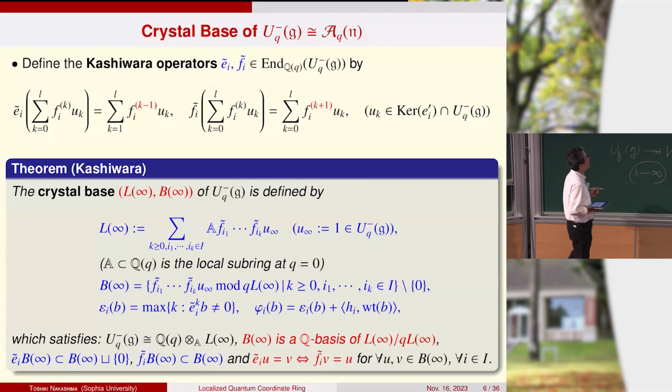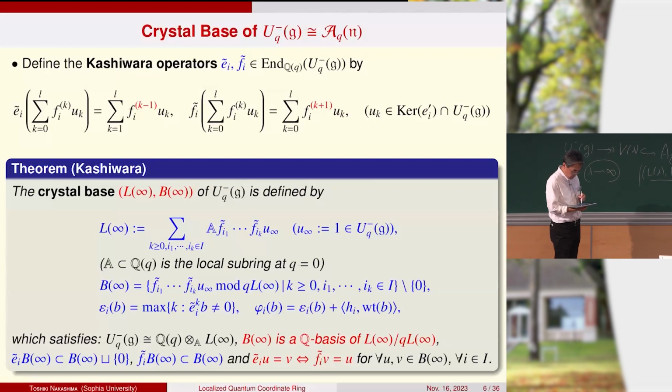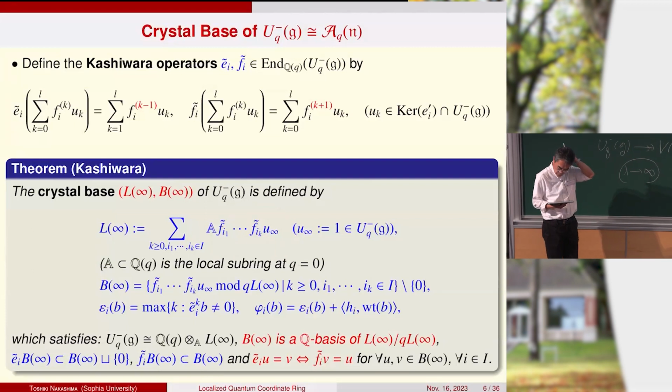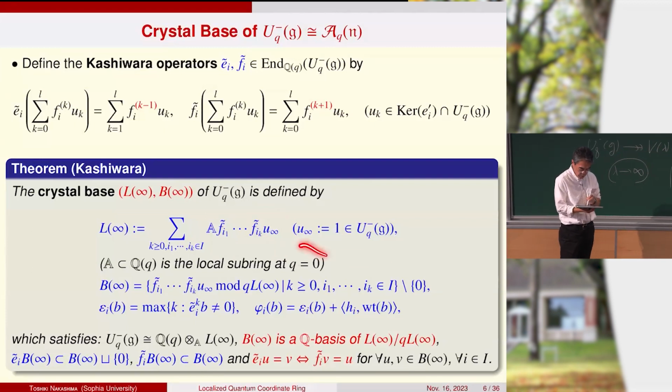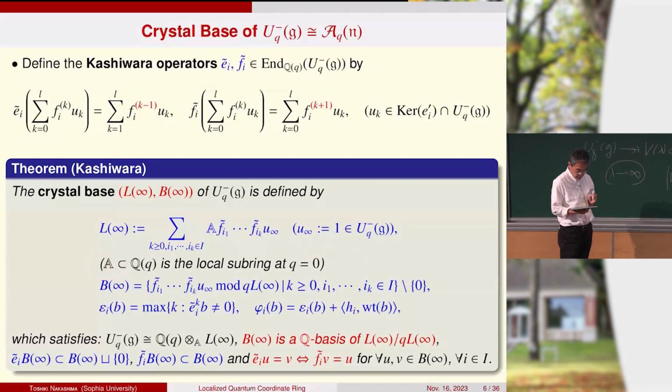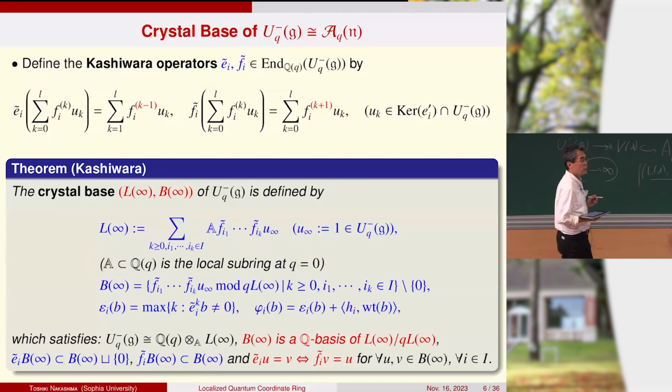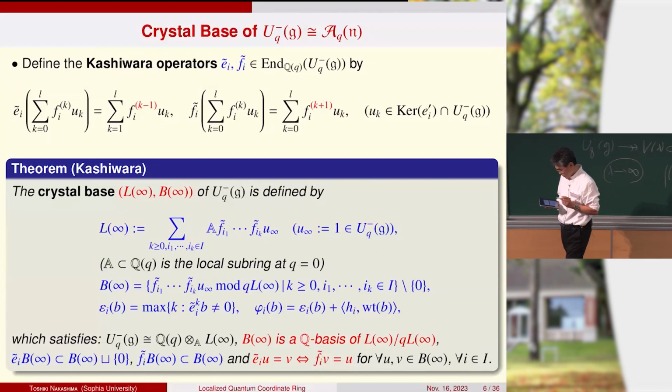Here we consider the operators f_i tilde on u_infinity, which is just the unit of this algebra. Here A, capital A, is the local subring of Q(q) at q equals 0.